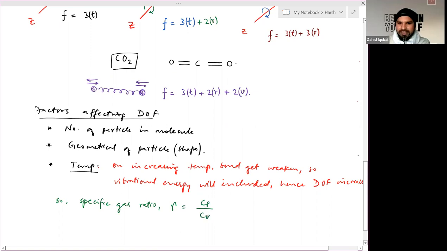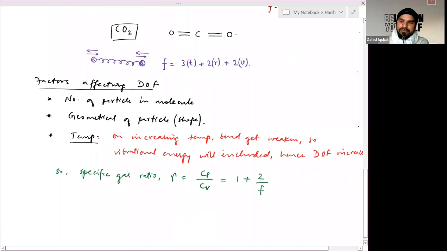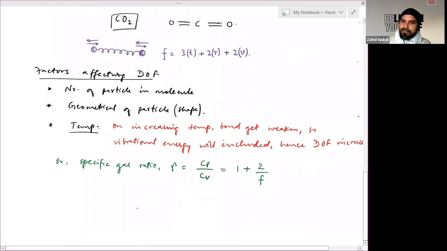I will define Cp and Cv later on, and this is further equal to 1 plus 2 by F, where F is the number of degrees of freedom. Now, from the above part, if you put the value of degrees of freedom for monoatomic, diatomic, triatomic, you will get gamma for monoatomic: 1 plus 2 by 3, that will be 5 by 3, so it will be 1.33.